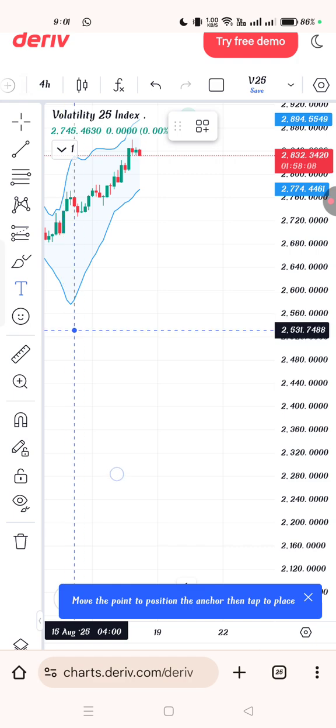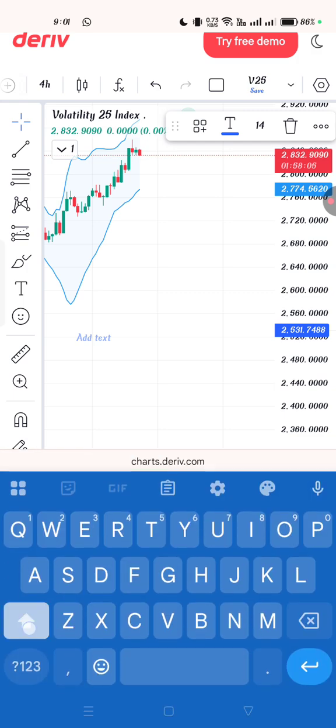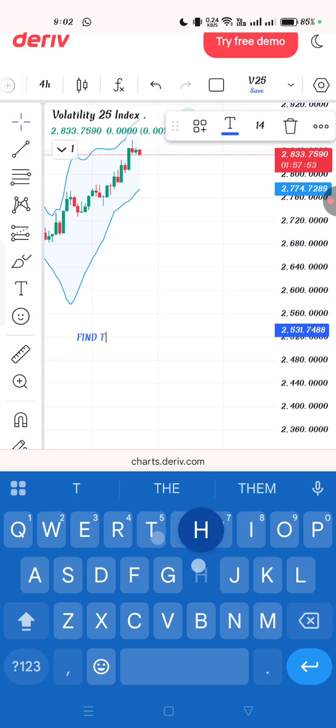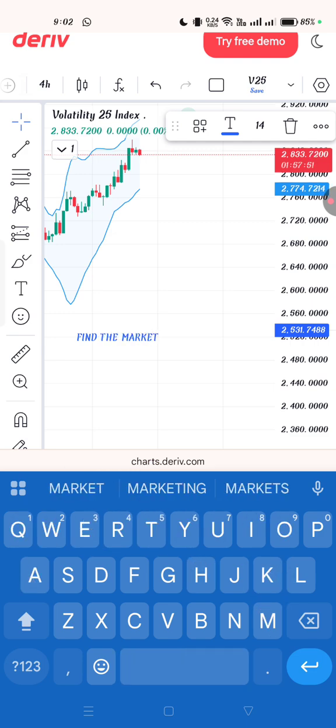For you to trade a sell reversal, how do you trade a sell reversal? Trading a sell reversal will require you to find the market when it's on buys, guys. Find the market buying.